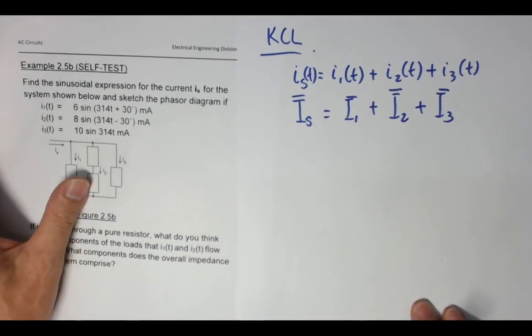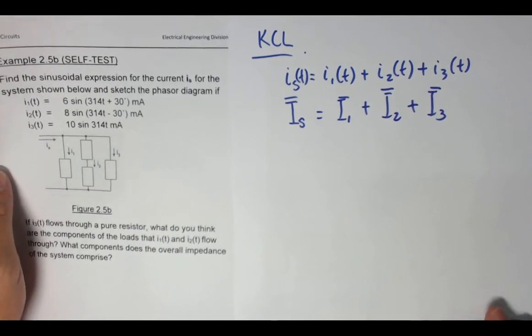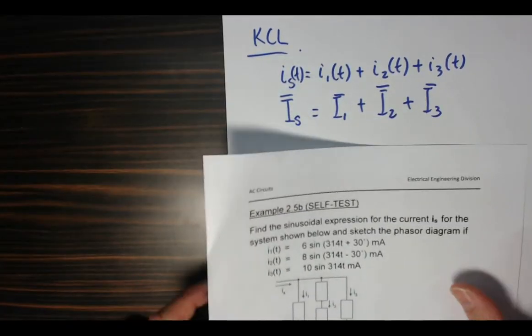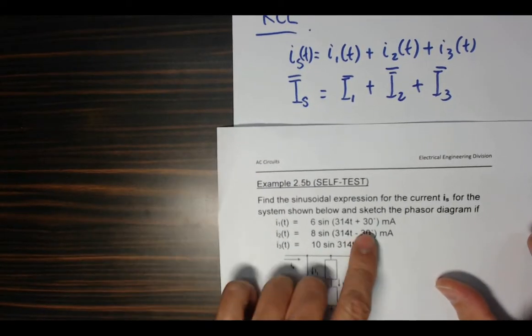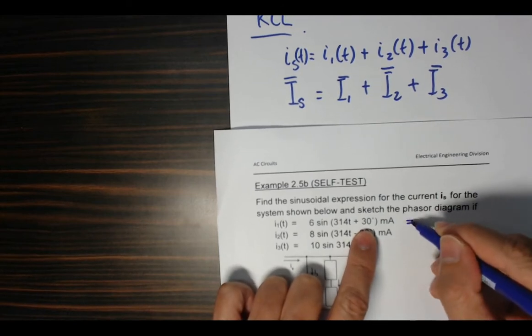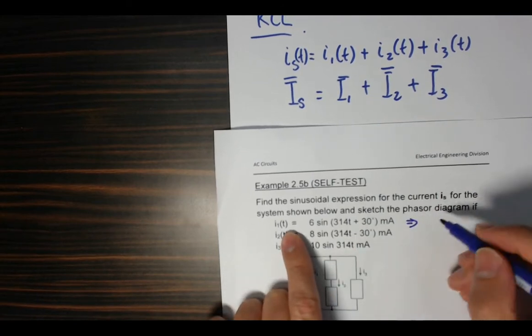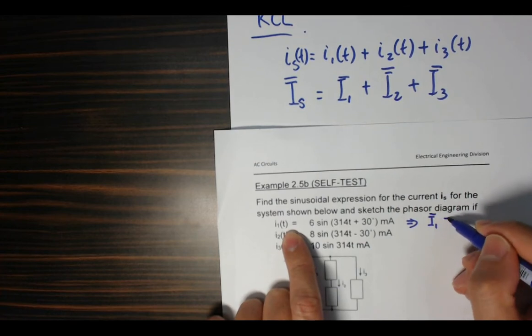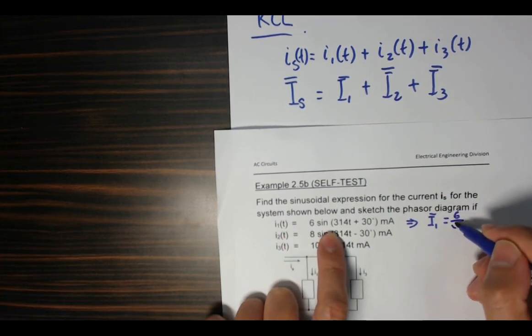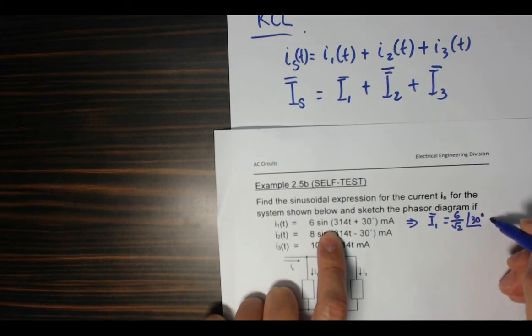Right, so in order to do this analysis, the first thing I would like to do is to convert every one of these waveforms into the phasor equivalent. So in this case, I1 is 6 over root 2 angle 30 degrees milliamps.